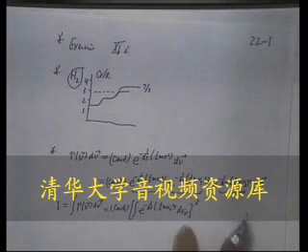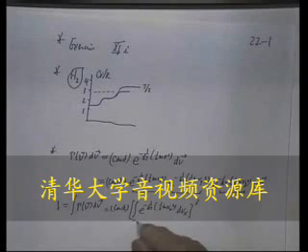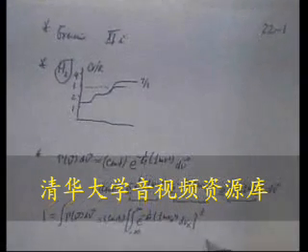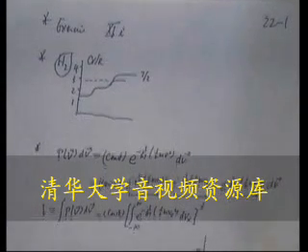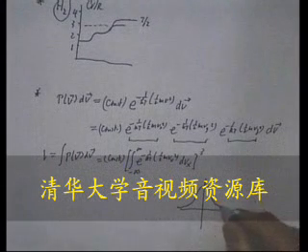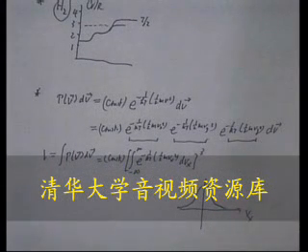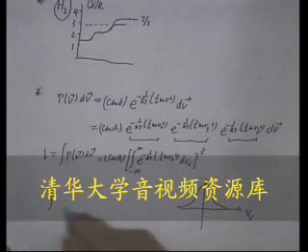So we need to evaluate this integral from minus infinity to plus infinity. And if I plot this as a function of Vx, it's a Gaussian. So what we need is this integral.